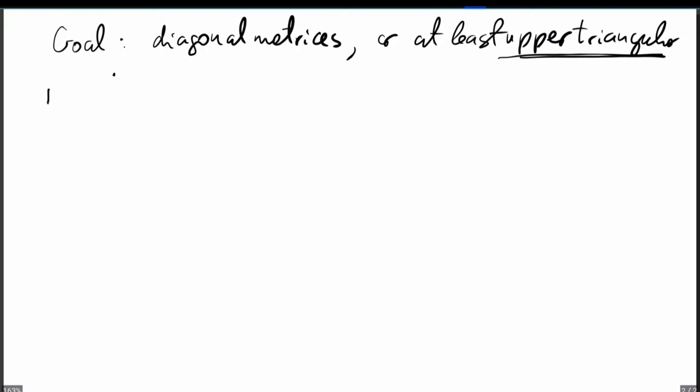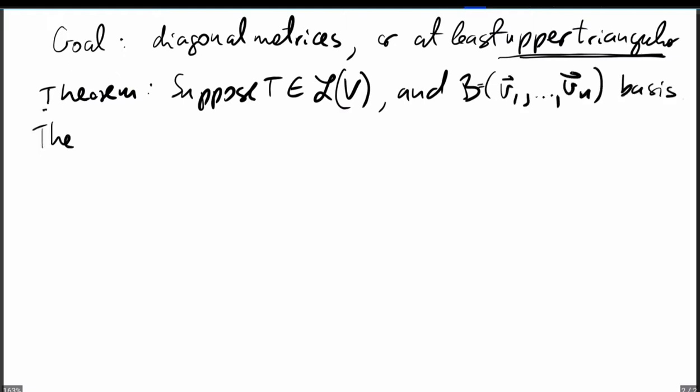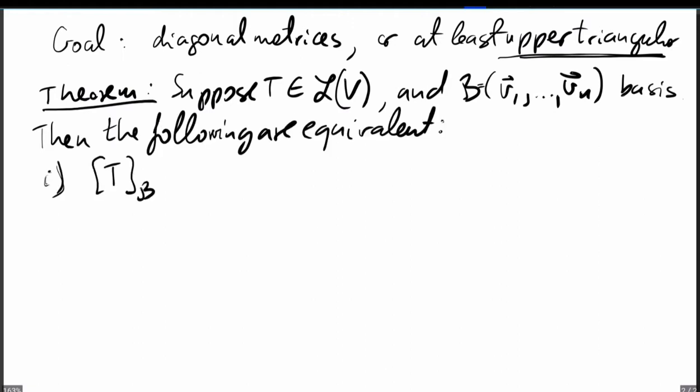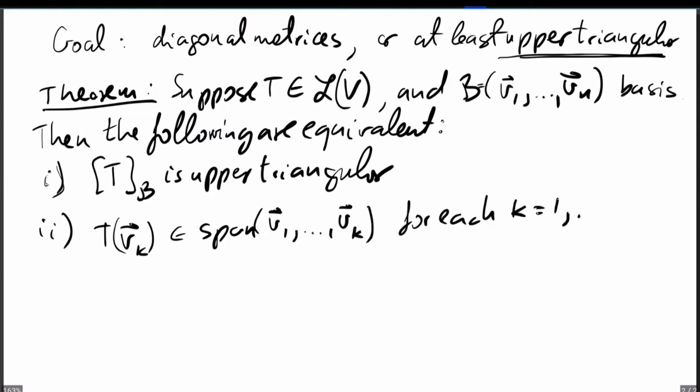Before we look at this, there is a theorem that will help establish that. This theorem says that suppose that T is a linear operator on a vector space V, and we have a basis B with basis vectors v1 through vn. Then the following are equivalent. 1: the matrix of T in basis B is upper triangular. 2: T v_k is in the span of v1 through vk for each k going from 1 to n.